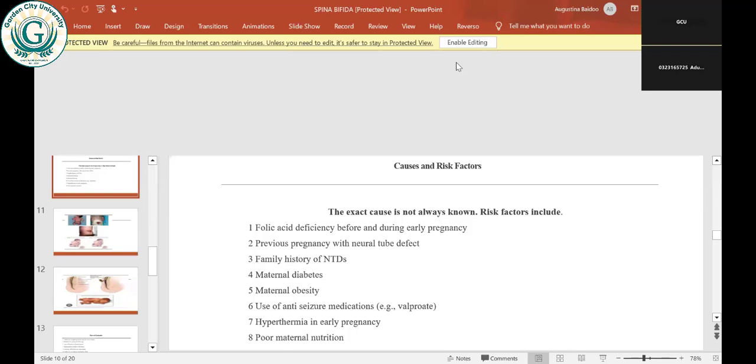Here, maternal diabetes, which is high blood glucose, can cause oxidative stress and cellular damage, which may interfere with embryonic development and disrupt neural tube formation. Maternal obesity.